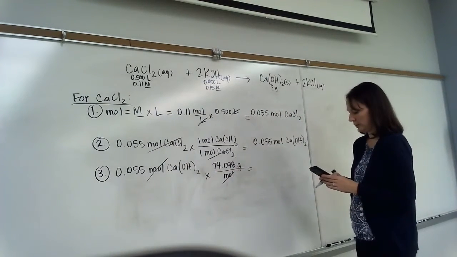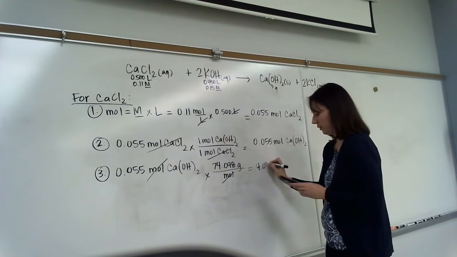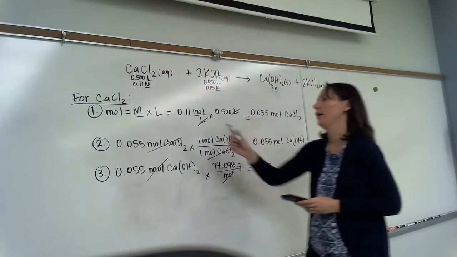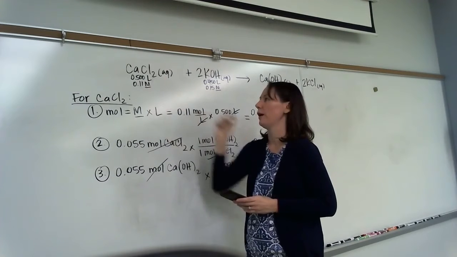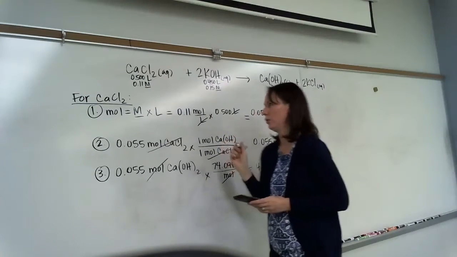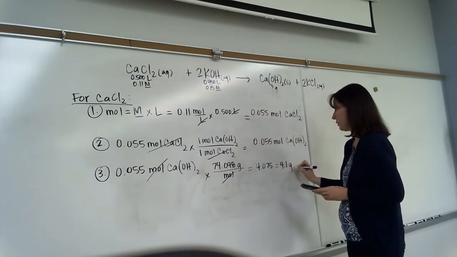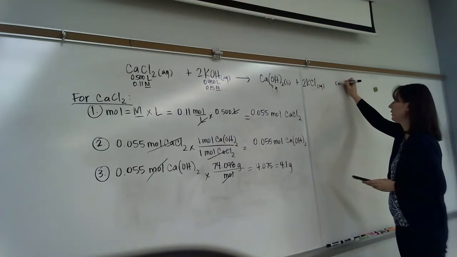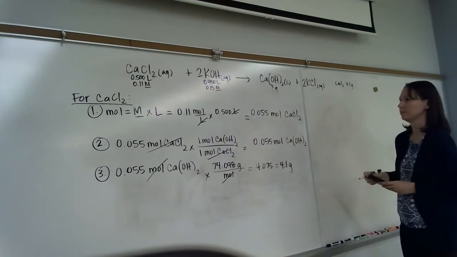All right, so times 0.055 gives me 4.075, which I then round to, how many sig figs do I keep? This one's got 3, this one's got 2, so my final answer needs 2. So that would be 4.1 grams. So make myself a note: from the CaCl2, I got 4.1 grams.